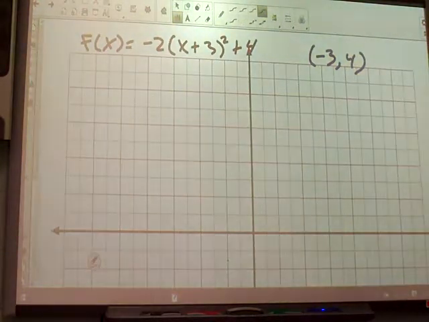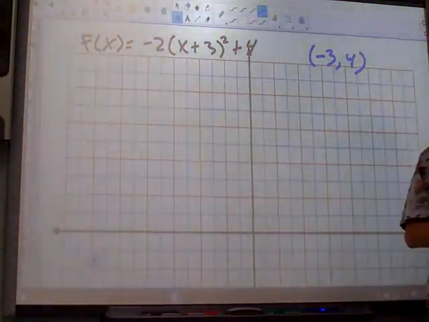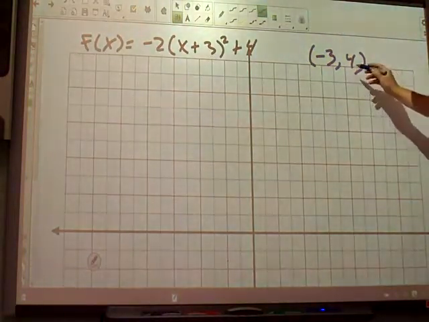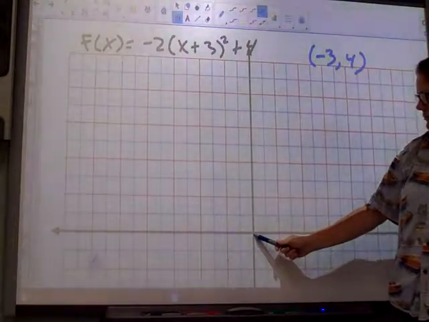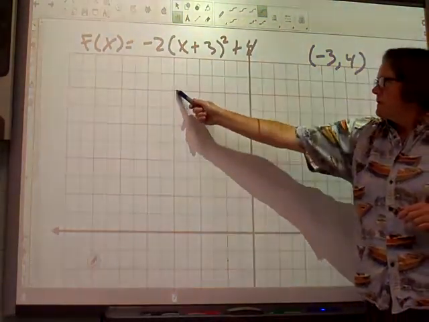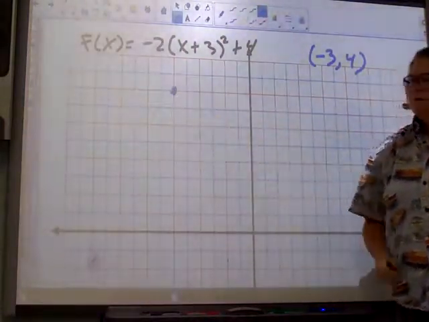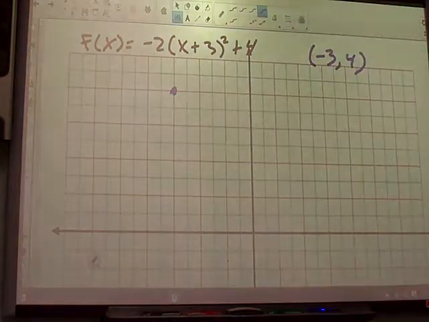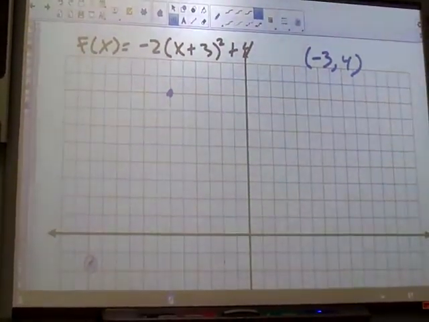A parabola doesn't necessarily have a point, but it's going to have that middle place. So if I were to go left 3, I'm going to count on the red ones, 1, 2, 3, and up 4. What is my parabola going to do from that point based on my A?